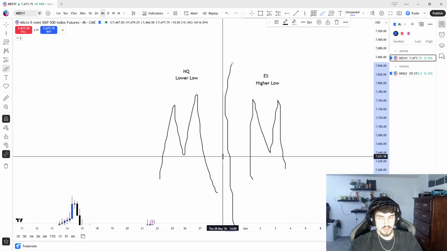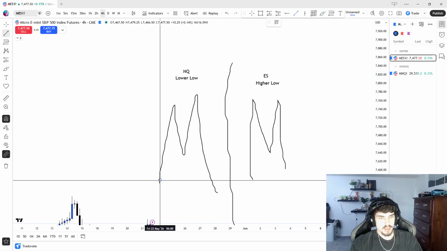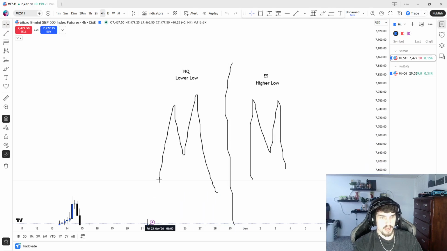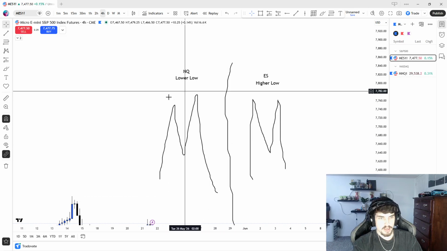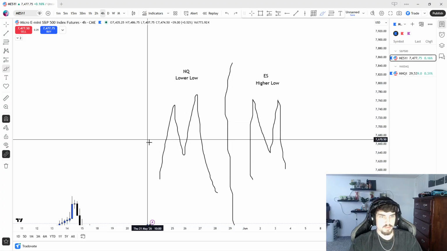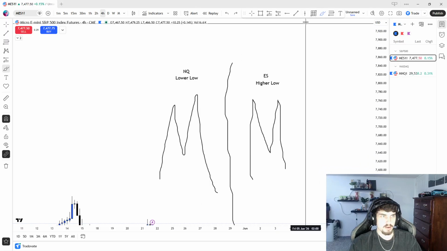What do we see about these two drawings that don't look very good? We can see that one of them has a low. If we're counting these lines as lows in the market, it's kind of hard to understand because we haven't used lines. I've used candles before, but just pretend these are candles with lows, and hopefully you can picture that in your head.